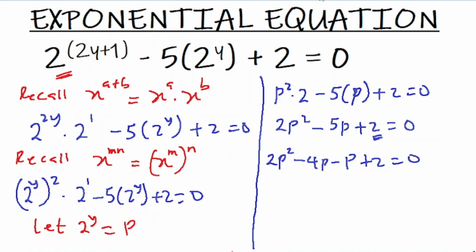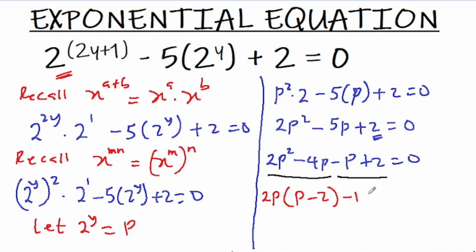So the next step we'll take is to look for the highest common factor of the first two terms, 2p squared and minus 4p. The highest common factor is 2p. Alright, 2p, we open a bracket, 2p squared divided by 2p is p, negative 4p divided by 2p is negative 2. Next, we look for the highest common factor of the last two terms, and that is going to be negative 1.